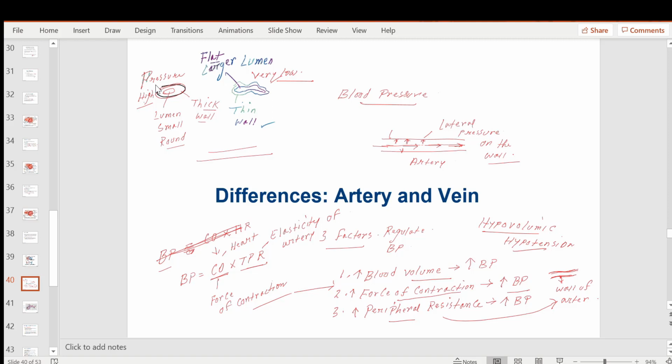Now there is a clinical condition where the wall of the artery loses the elasticity. It happens due to a number of factors. Age is one factor. As we get older, the elastic tissue amount decreases in the wall, so the arterial wall loses the elasticity, right? So in that case, the pressure will be high, the peripheral resistance will be high.